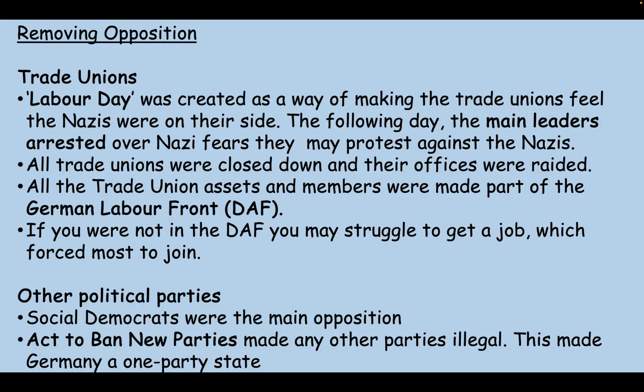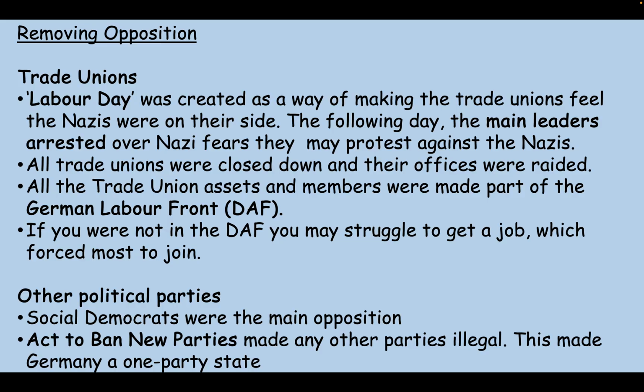So the way that they manage and close down the trade unions is by conning them. They fool them. So they agree with the trade unions a Labour Day. So a day off work where German workers celebrate their efforts and they have a day off. Now on this Labour Day, the main leaders of the trade unions send their workers and they have a day of celebration.